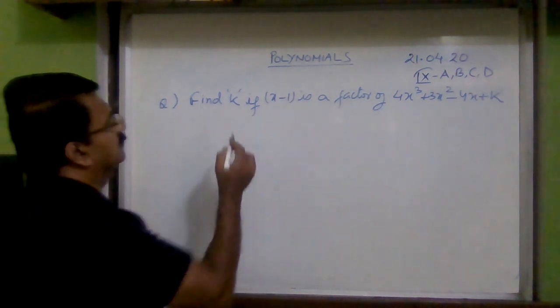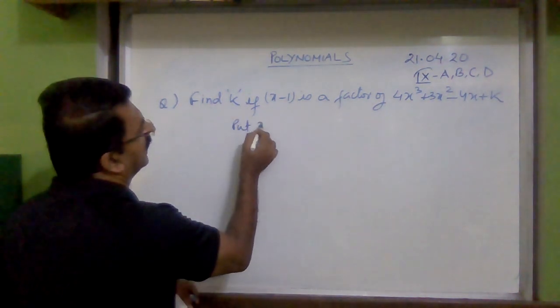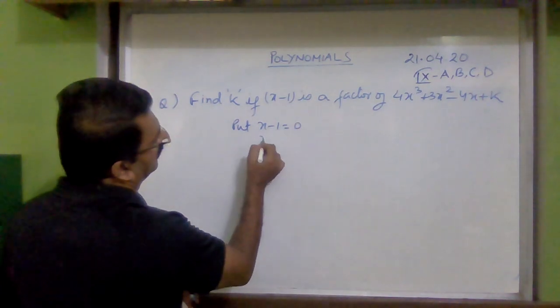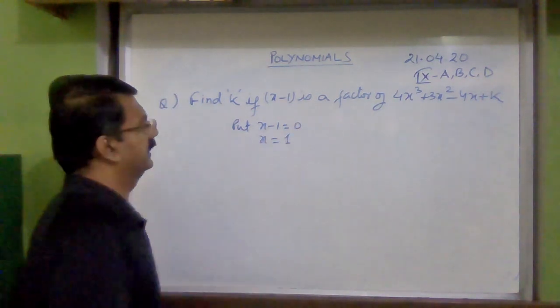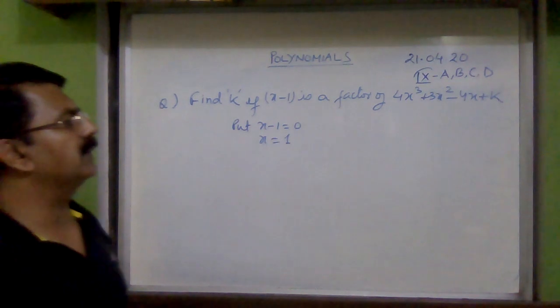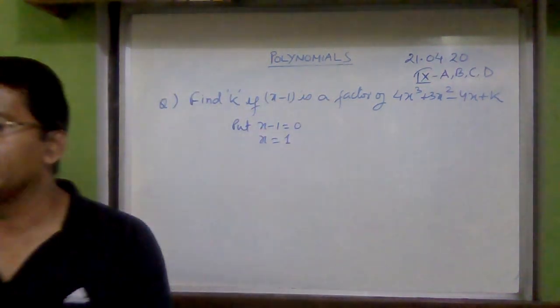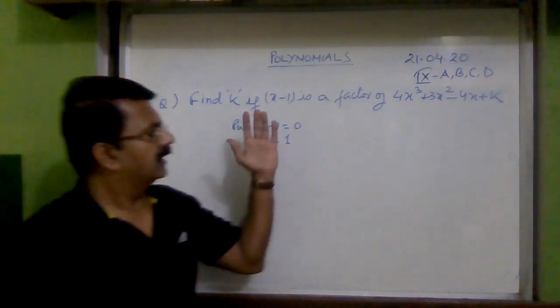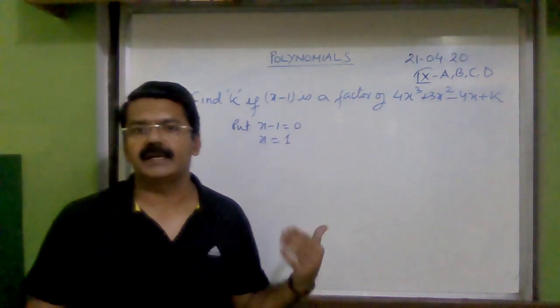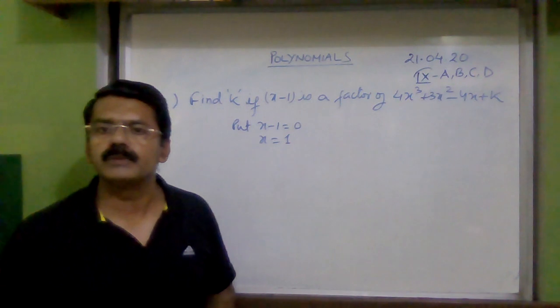Now, first of all, put x minus 1 is equal to 0, then x is equal to 1. Now you know, if in place of x we put 1 in the given expression, then we will get the remainder. But according to the factor theorem, remainder has to be 0.